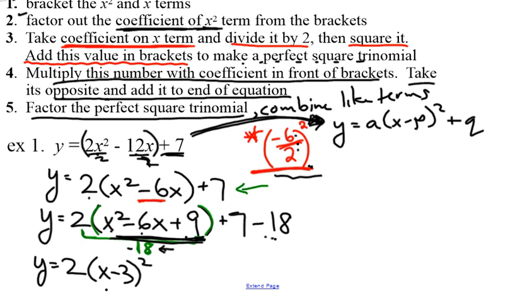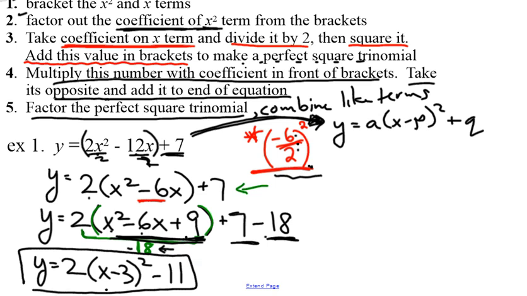Oh, x minus p squared. And then combine these like terms. 7 and negative 18 is negative 11. Y equals a times x minus p squared, plus q, which in this case is a negative 11.